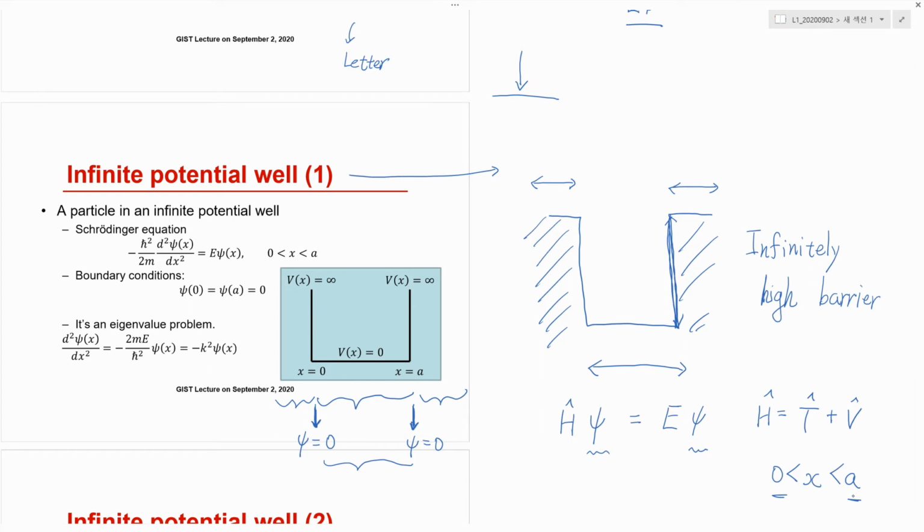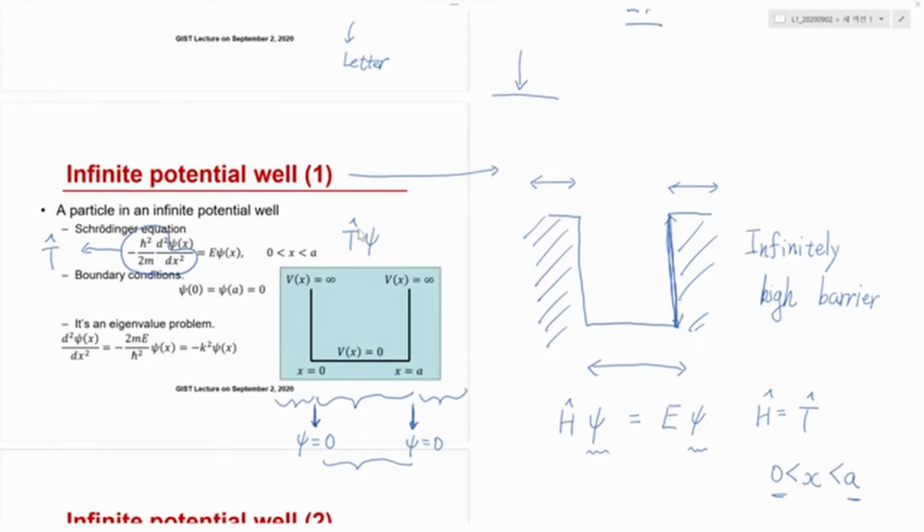So we can safely say the Hamiltonian operator is just a kinetic energy operator. Then the kinetic energy operator in the effective mass approximation is this one. Yes, this one corresponds to our kinetic energy operator.